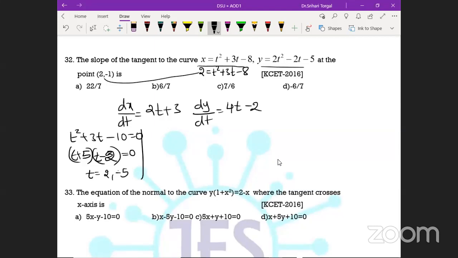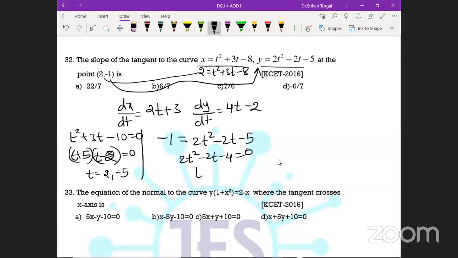And if I put this minus 1 here, I get 2t square minus 2t minus 4. If you remove that 2, what are the factors of t here?